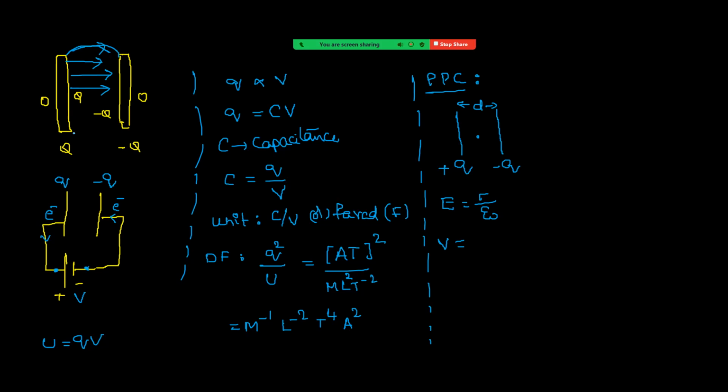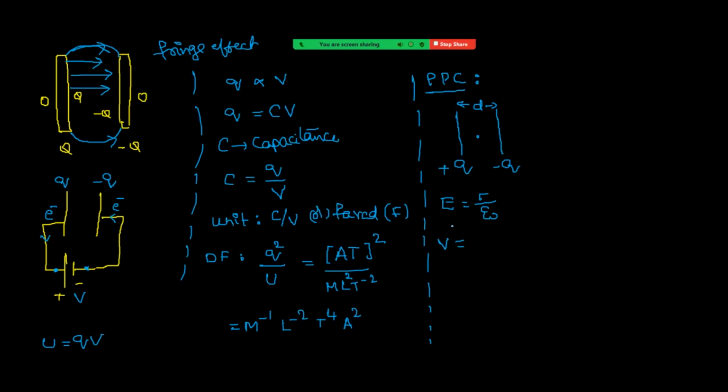This is what we call the fringe effect. We neglect this fringe effect, so we take the field to be uniform between the plates.